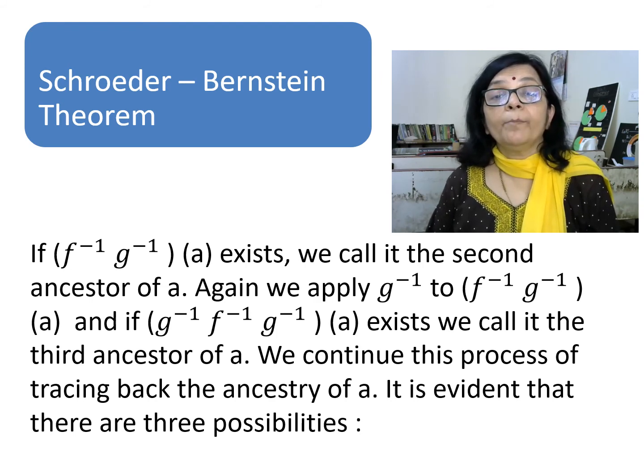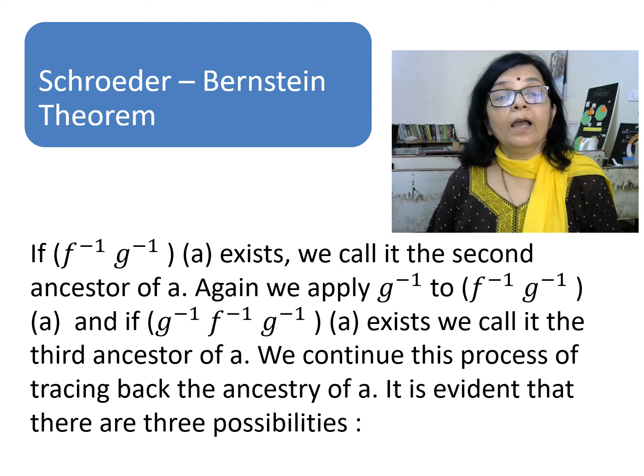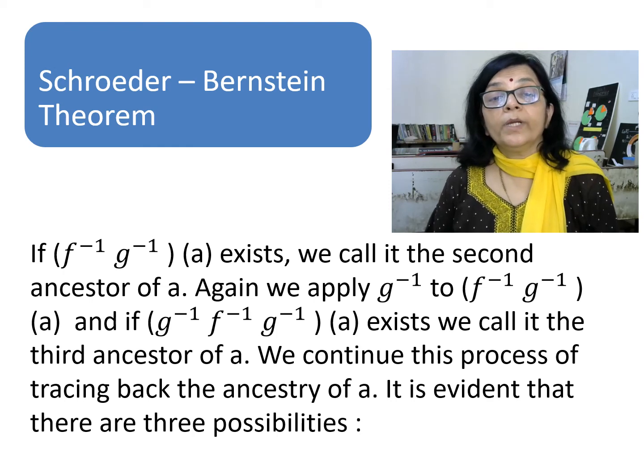Again, we apply g inverse to f inverse g inverse of a, and if g inverse f inverse g inverse of a exists, we call it the third ancestor of a. We continue this process of tracing back the ancestry of a.